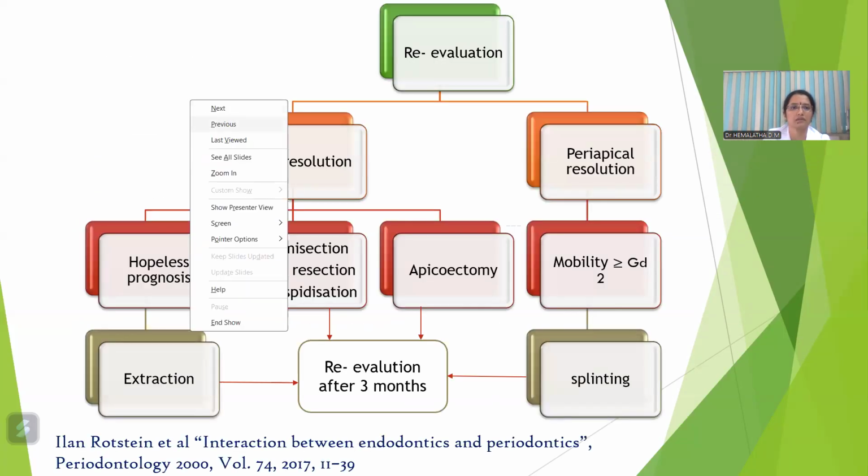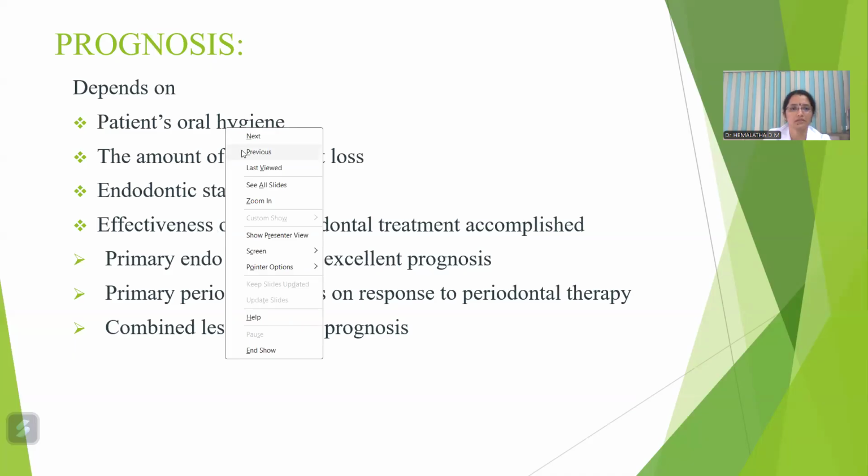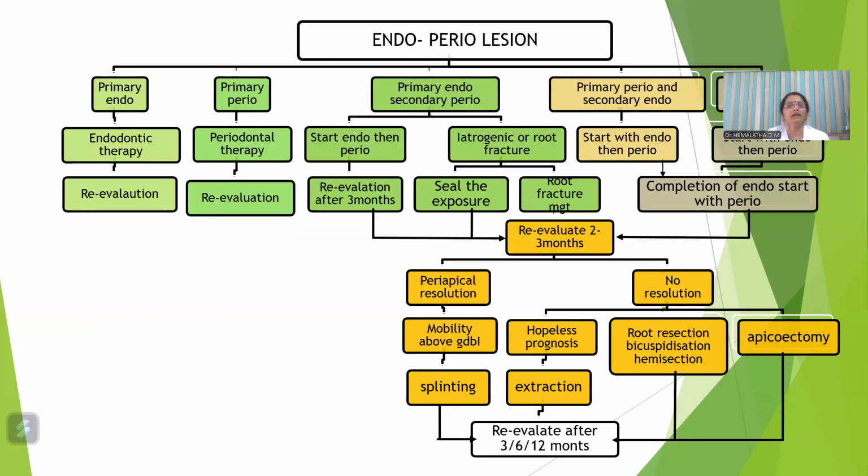In endoperio lesions, whenever there is a primary endo lesion, you always start with endodontic therapy and then reevaluate the patient. If it is a primary perio lesion, you will always do periodontal therapy and reevaluate the patient.